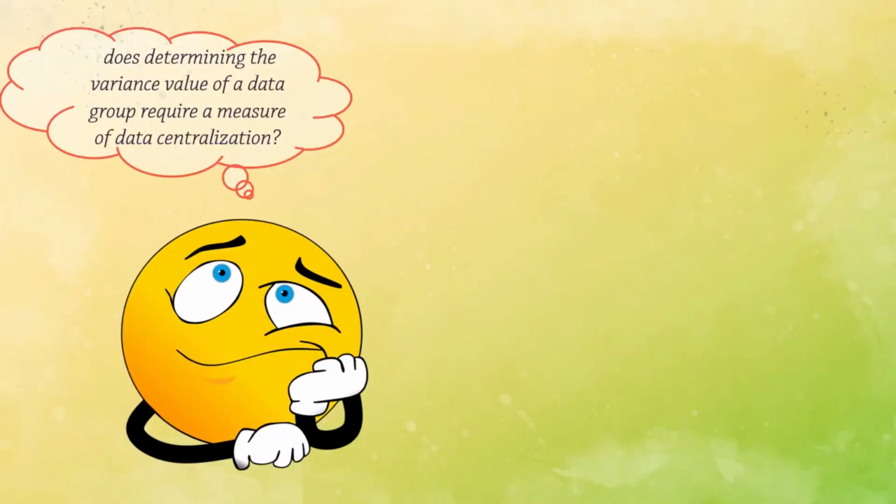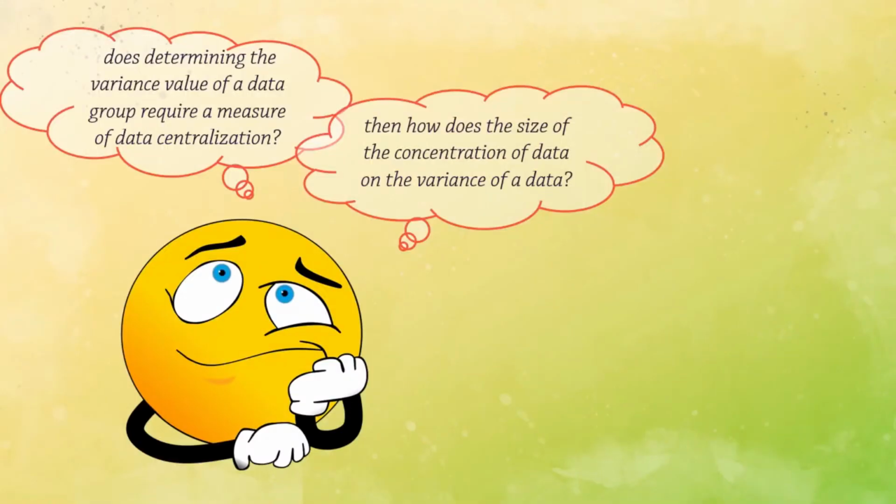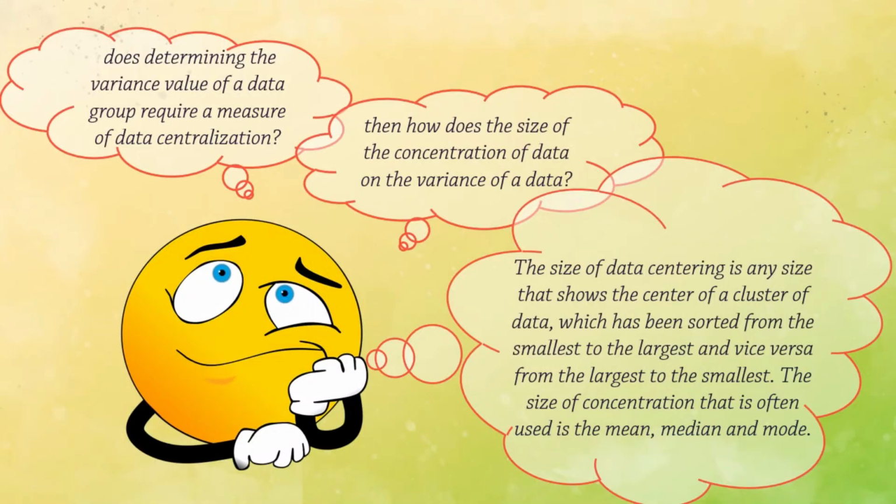The next question is, does determining the variance value of a data group require a measure of data centralization? Then, how does the measure of data concentration relate to the variance of a data set? The measure of data centering is any measure that shows the center of a cluster of data, which has been sorted from the smallest to the largest or vice versa.